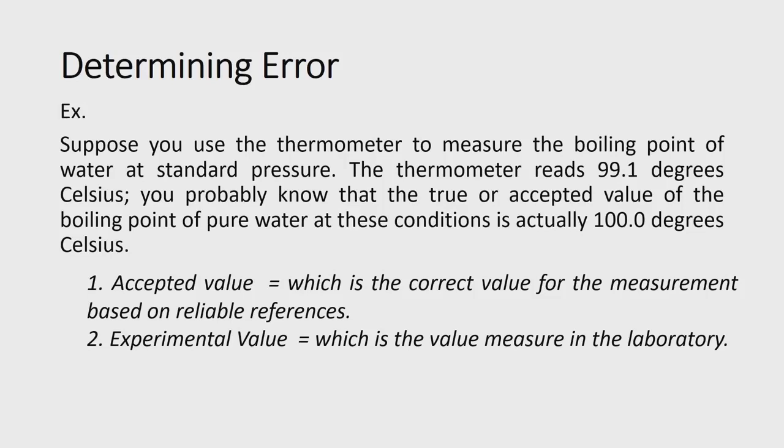We cannot change that easily, because it underwent thorough experimentation and trials just to conclude that the boiling point of water is 100, and it has been agreed upon by scientists. So that is the accepted value, the correct value for measurement based on reliable references such as scientists or physicists. The experimental value is the value of measurement in the laboratory, or the actual value you have observed based on the procedures of your experimentation.